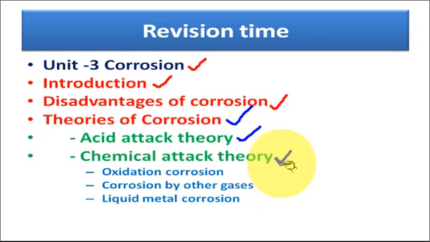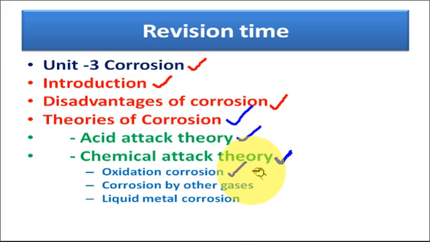While we move towards the chemical attack theory, which is also called dry corrosion. According to this theory, in absence of moisture, some gases can directly attack the metal surface and cause the corrosion. That's why it is also called dry corrosion, in which we have learned three types basically.